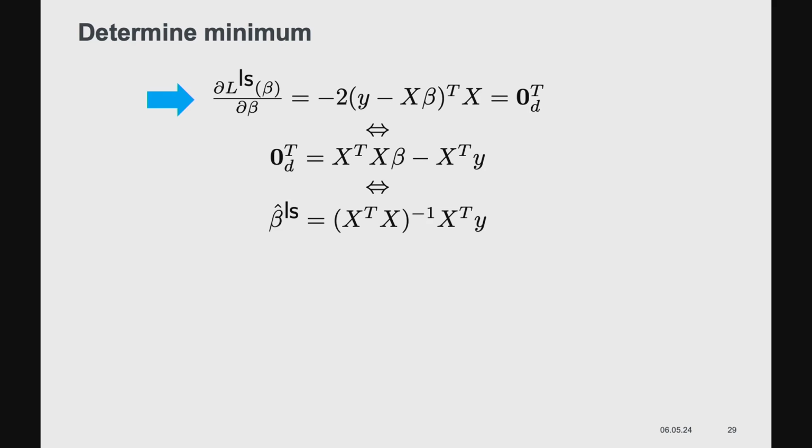This is now a crucial question to understand. Why is this not the true beta? Why is it just the predicted beta? No, we are there. We have now computed the best beta that we can do. Not quite.